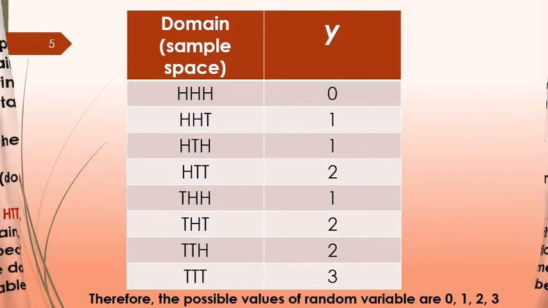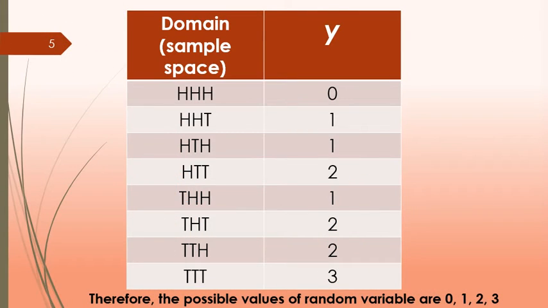Here is a sample of the values of the random variable y. So y is our range. The value of y is attained through counting the number of tails that come out from the experiment.